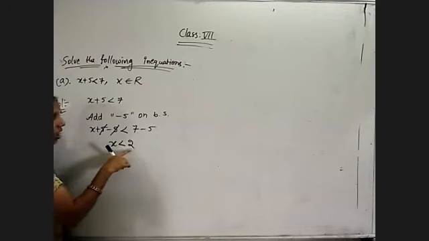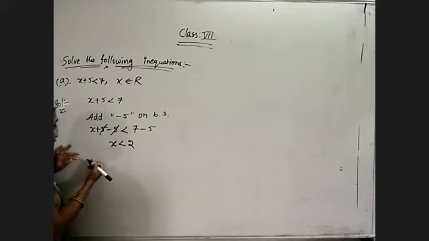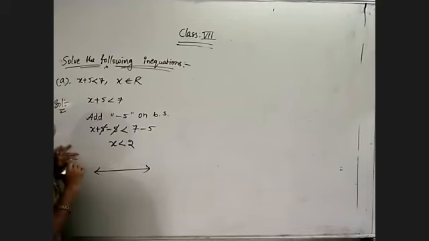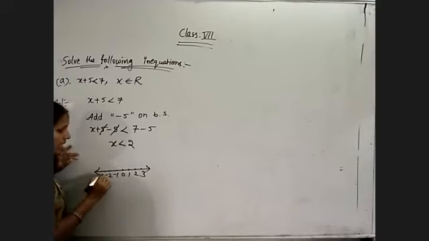That means all values lesser than 2: 1, 0, every value, even decimal values, less than 2. Suppose I want to represent it using a number line: 0, 1, 2, 3, -1, -2, -3, and so on.